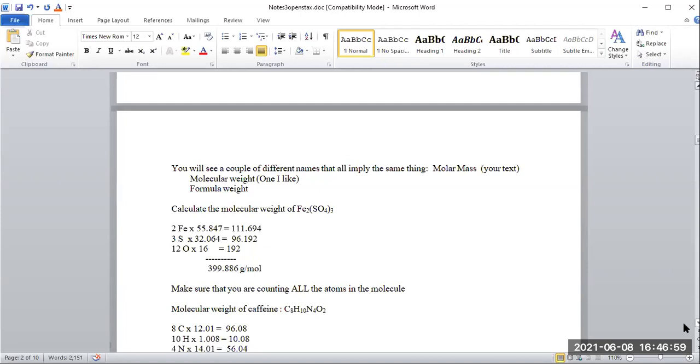And then I multiply across how many times the mass gives me a number. So for my iron, I have 111.694. For my sulfur, 96 and some, 192 for my oxygen, and then I totaled them.